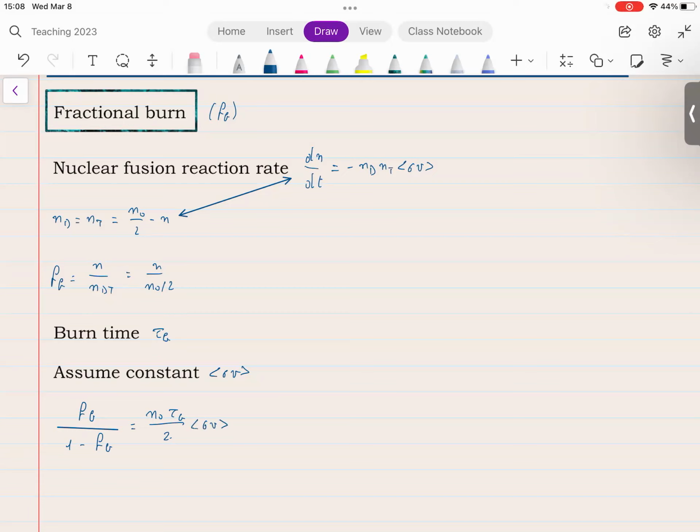And then you approximate this tau B as R over 3 C sound.